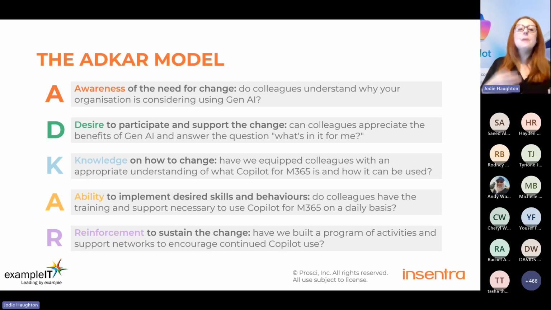And it was really helping with the knowledge and the ability side as well, because we're teaching people about Copilot and getting them to think about how they would use it before they're even using it. So that's an amazing way of starting to work through some of those ADKAR potential blockers in a technically focused change management activity. It's really, really important to think about sponsorship as well.